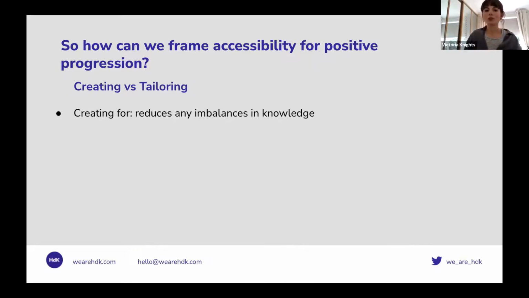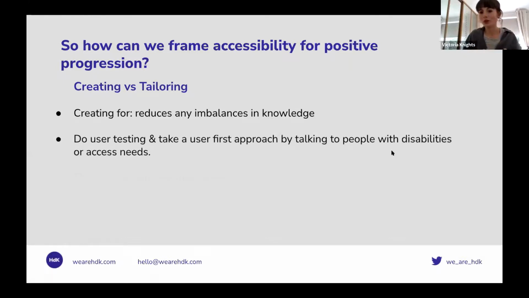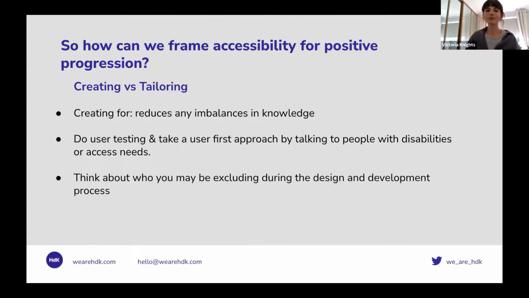I also think it's important to think about who you may be excluding as a result of the current design. So if we are developing online services as a result of our ability to hear, see, touch, we're ignoring a massive proportion of people who have access needs.